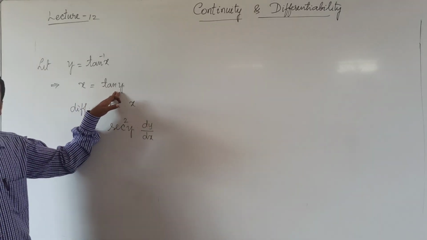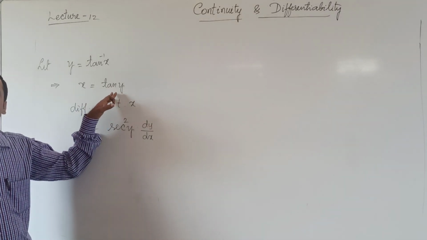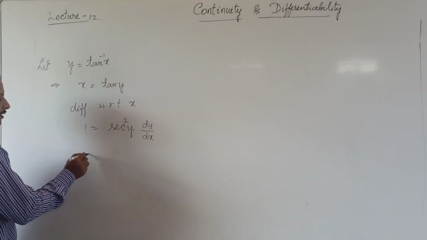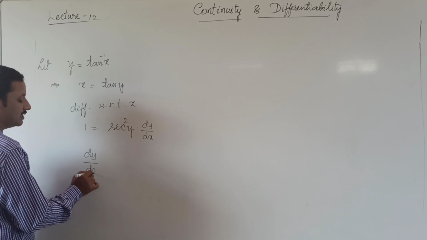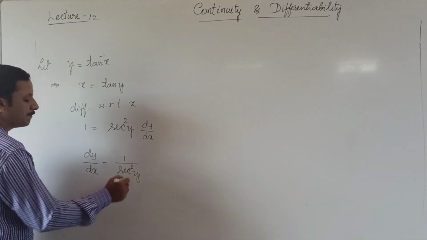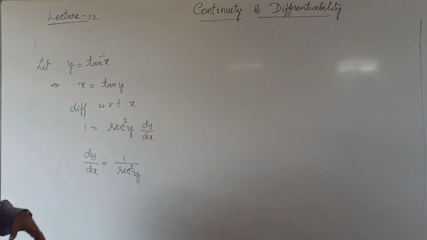Derivative of tan x is secant square x, so derivative of tan y is secant square y into dy by dx. From this I can write dy by dx is equal to 1 by secant square y.